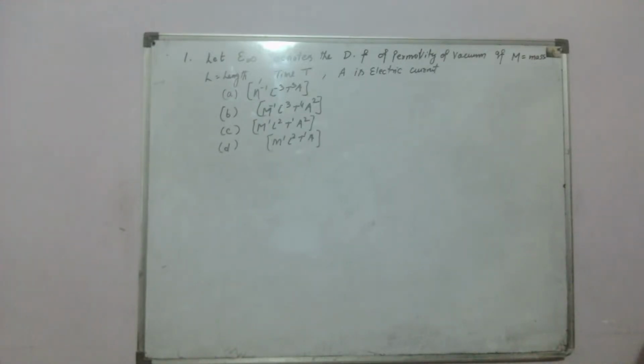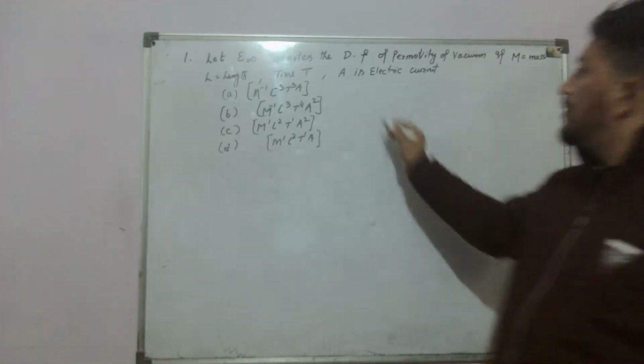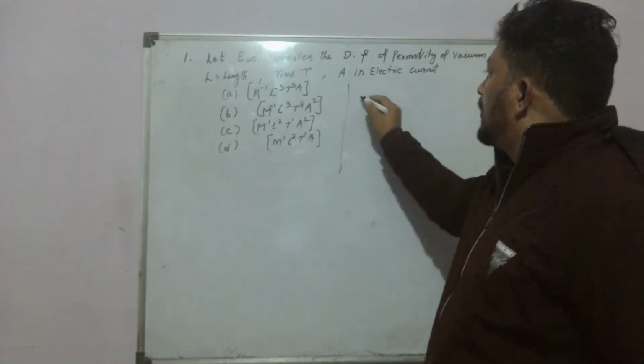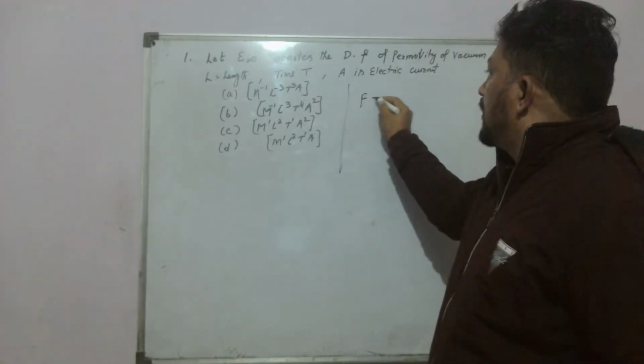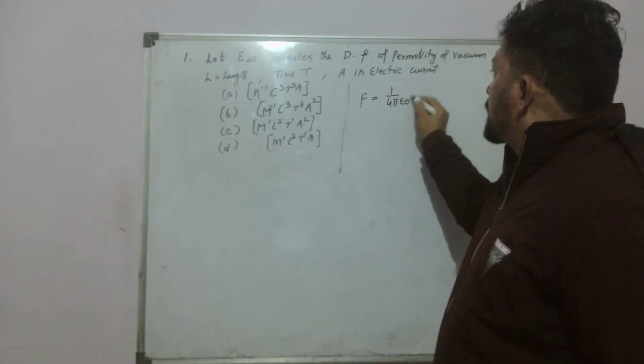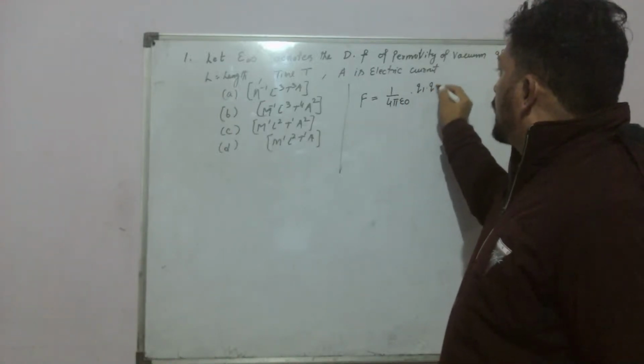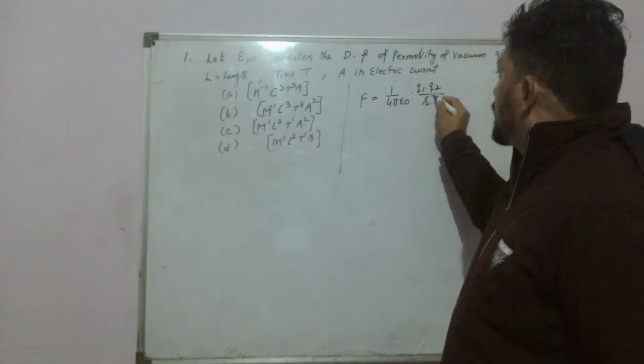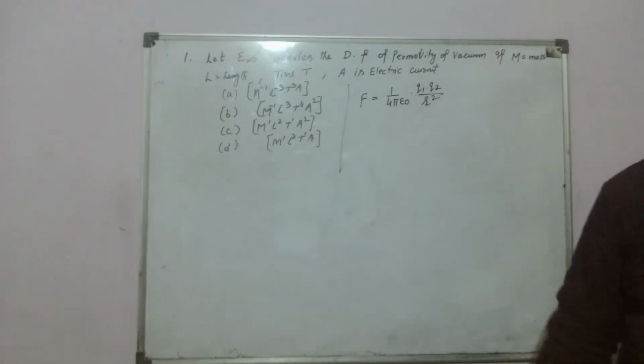So how to find? You read the formula in the first chapter in grade 12. F is equal to 1 upon 4 pi epsilon 0 Q1 Q2 divided by R square. Apply the formula.